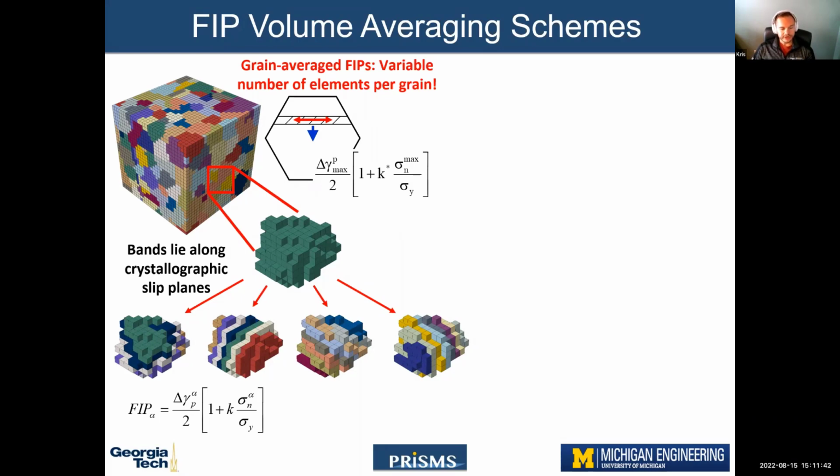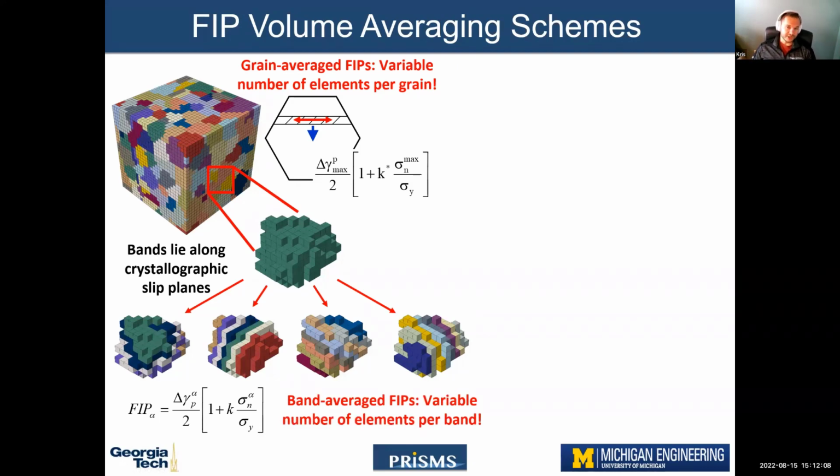And what we can do here is we can compute this crystallographic version of the Fatemi-Socie FIP shown in the bottom here. So now what this would consider is the plastic shear strain range on a particular slip system. And it would also consider the stress normal to that slip plane. And then we could average FIPS over these bands. So now we have a more regularized averaging volume.